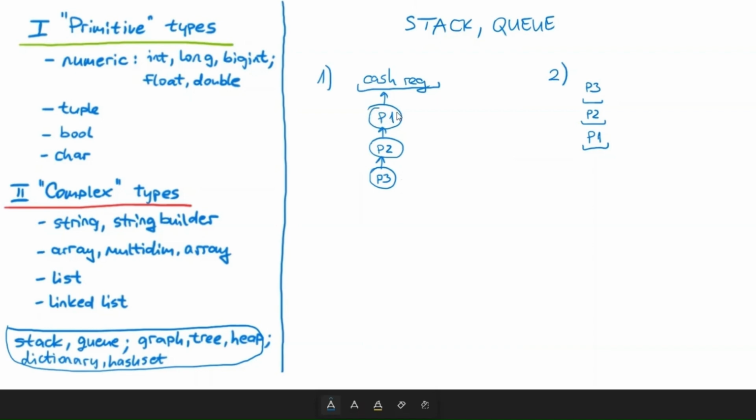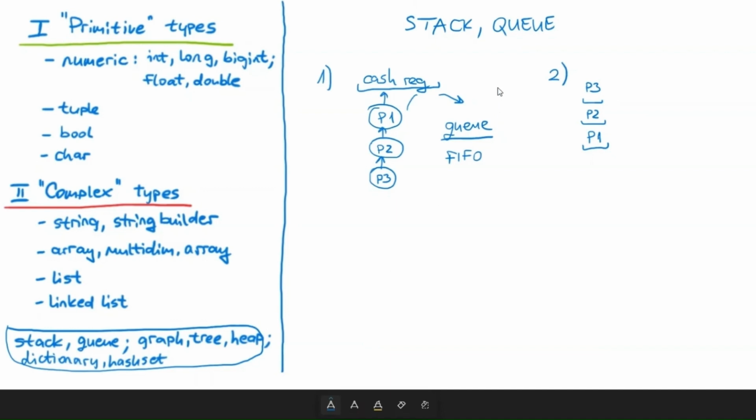Since person 1 arrived first, he will finish first and leave the place. A data structure that follows such logic is called a queue. Due to that logic, a queue is officially a first in, first out data structure.